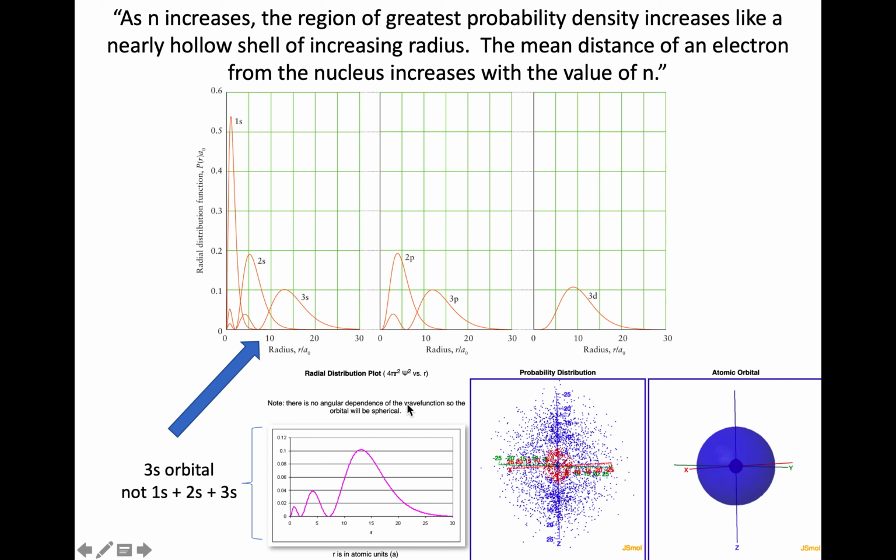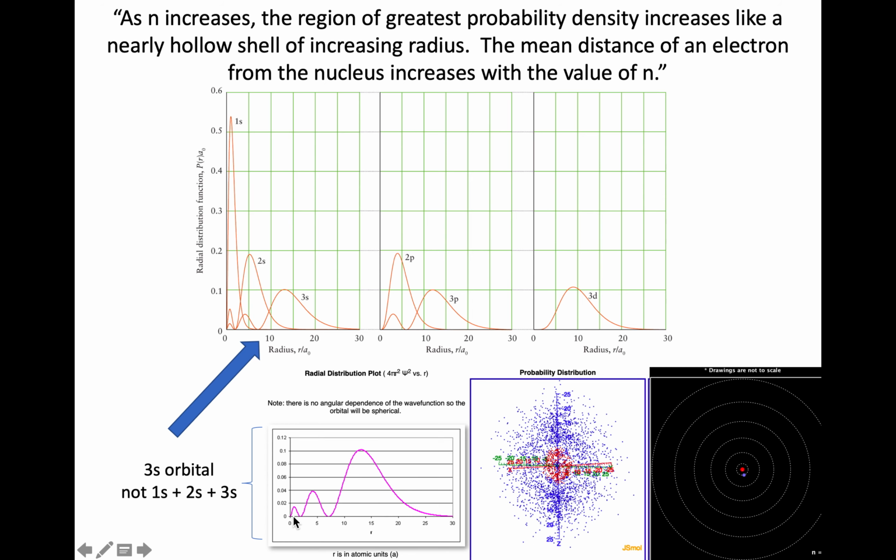When it's given just in isolation, many times students divide it up that way. They seem to be saying, okay, I'll buy into a solar system model akin to Bohr here, where we have an n equals 1, n equals 2, n equals 3 region. So when they take it to a radial probability, they seem to just superimpose all of those. That's not what we have within our quantum mechanical description.